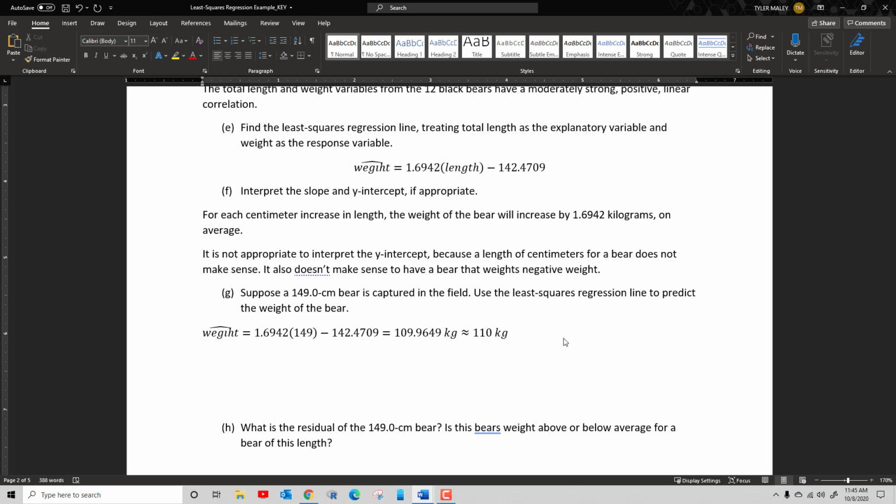Right, so in other words, our model predicts that a bear that is 149 centimeters in length will weigh 110 kilograms.